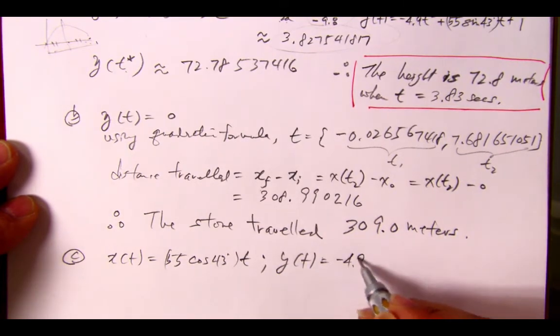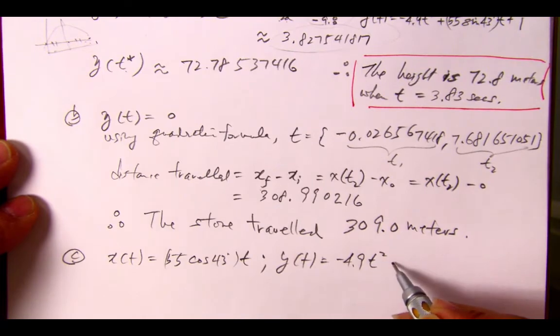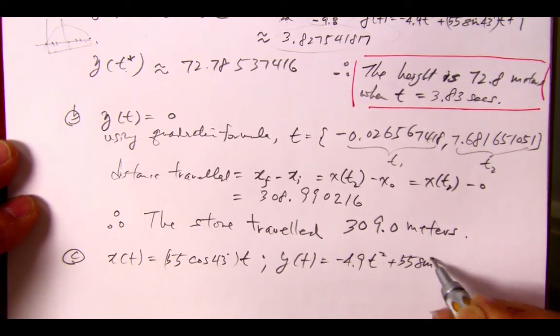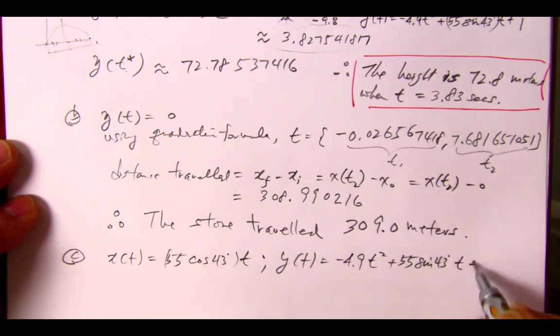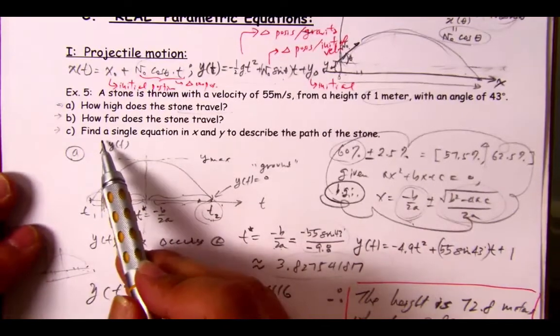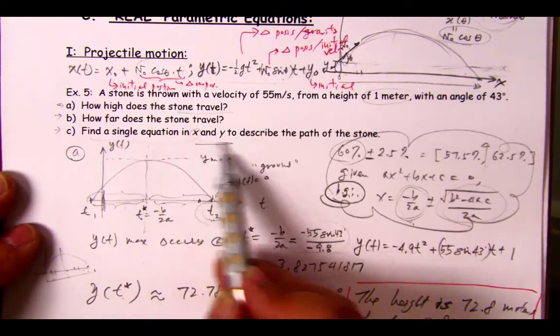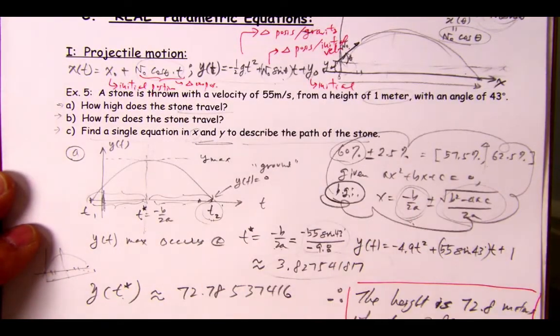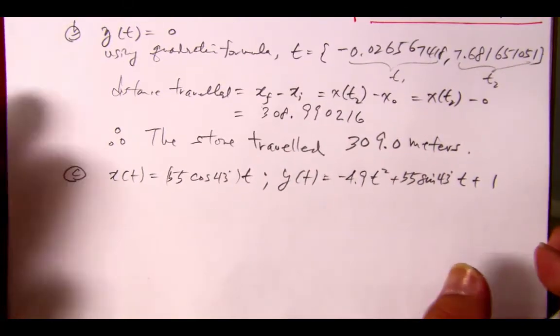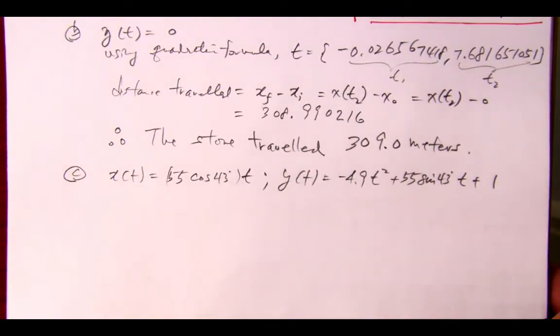Right, negative 4.9 t squared plus 55 sine of 43 degrees t plus 1. And the question was for us to write a single equation in x and y to describe the path of the stone. So basically they want us to convert this parametric equation to an explicit rectangular equation. All right. So what do I do here, guys?